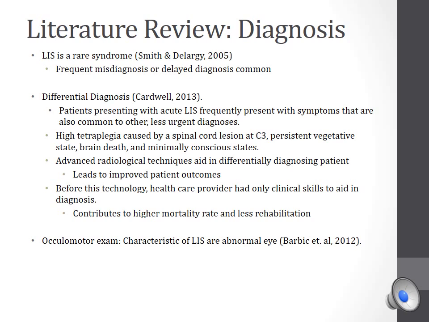A main differentiator in locked-in syndrome is the ocular motor exam. Eye movements are characteristically abnormal in acute locked-in syndrome and are best considered as the window to the brainstem. Testing of this can be done through voluntary following of a finger.